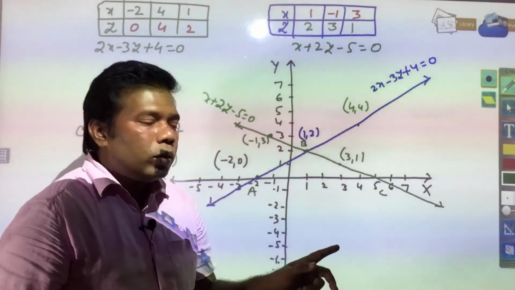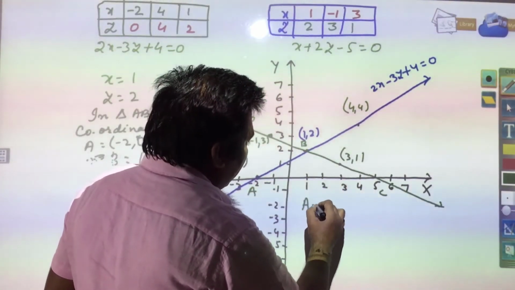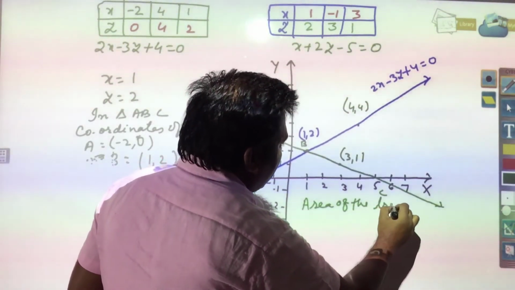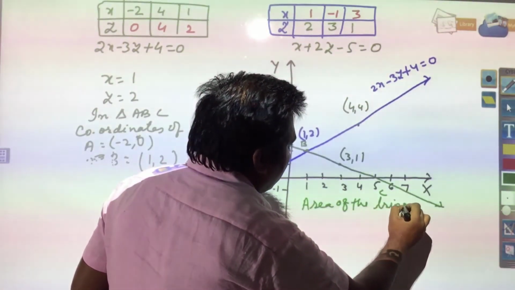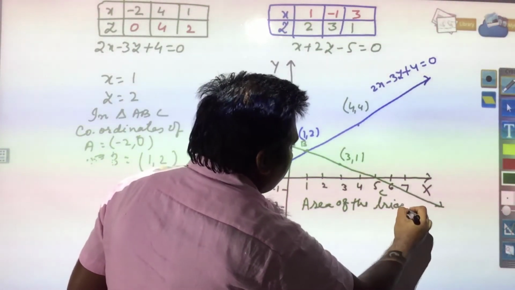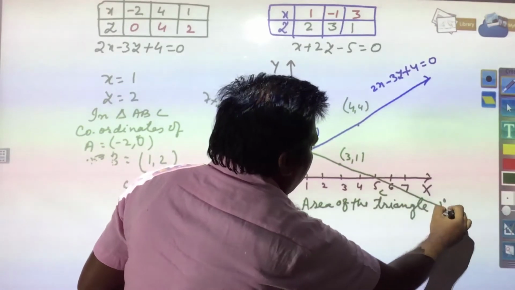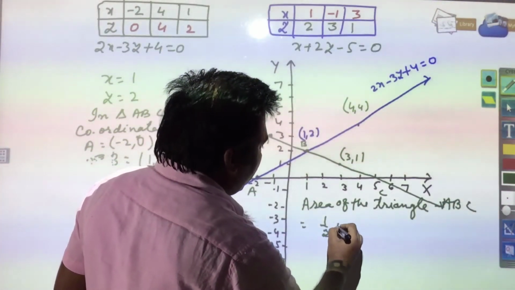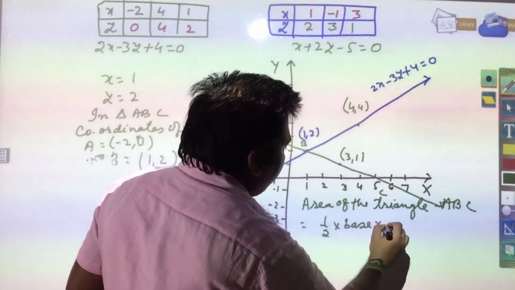As you know, what is the area of the triangle? Area of triangle ABC will be equal to 1 by 2 into base into height.